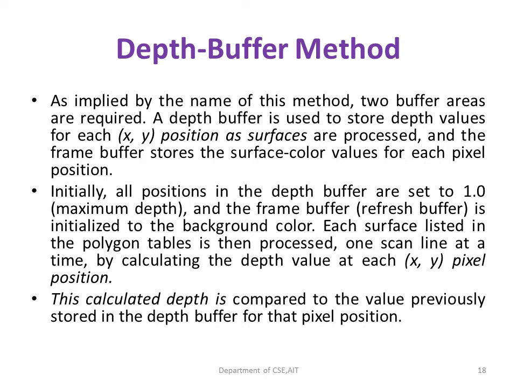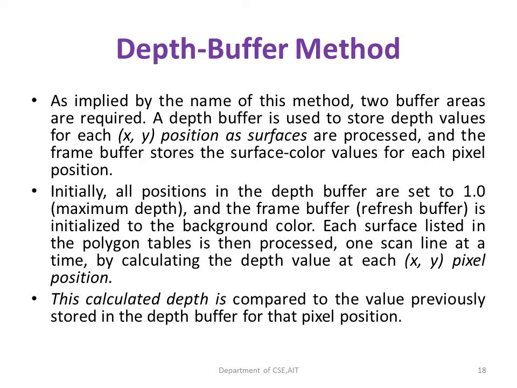Later on, it depends upon the point xy, and whatever color is there at that point will be replaced. Then I am going to process every surface in my polygon table. Whenever I am applying the depth buffer method, I store all my information in a table and process it one by one.